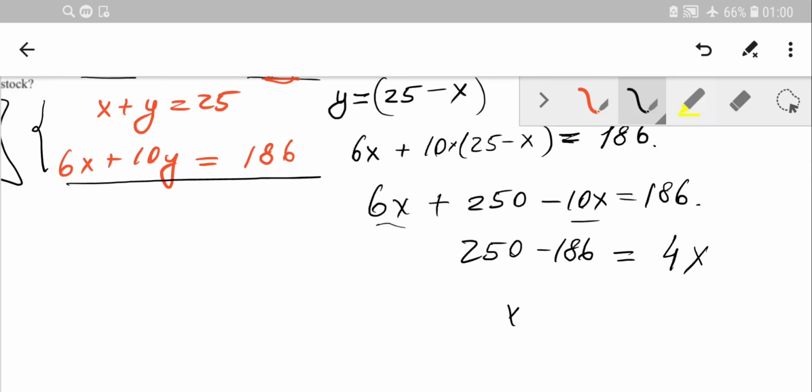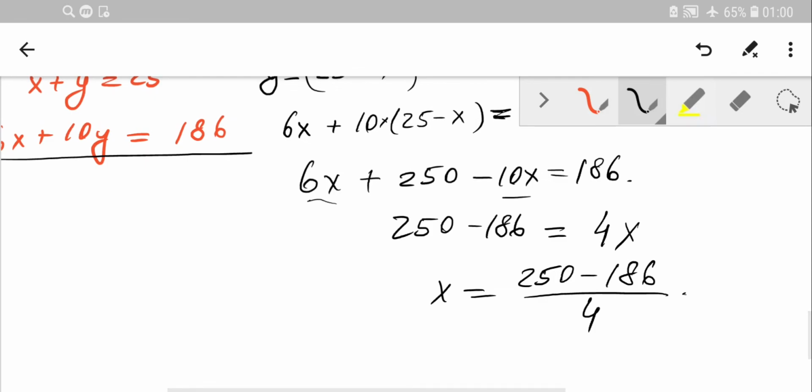So in order to find x, you just need to calculate this fraction over 4. So I guess it's around 15 or 16, so it's 16. Yeah.